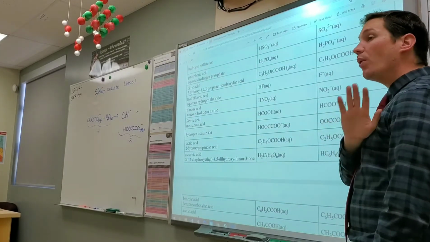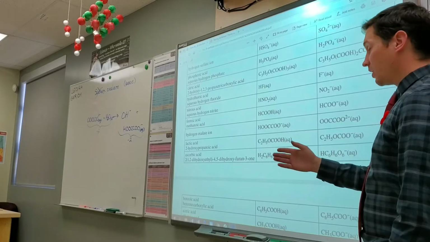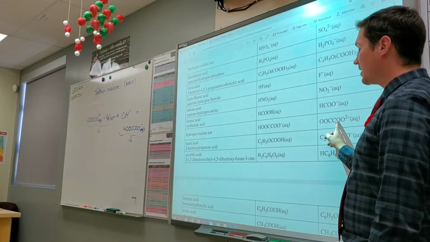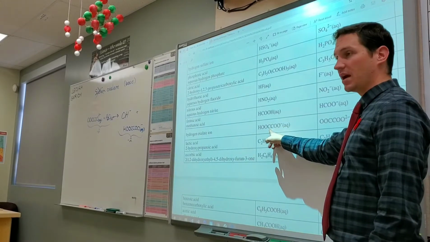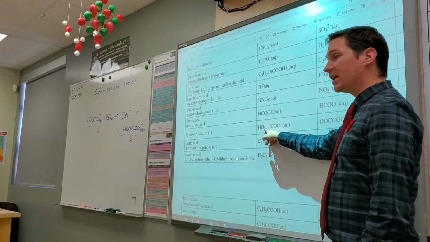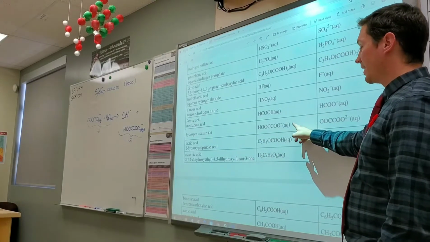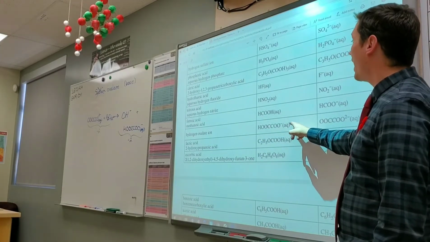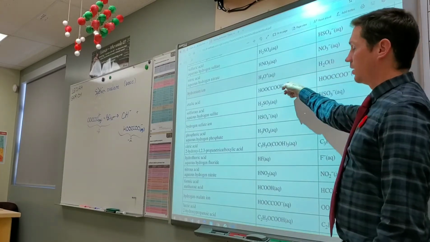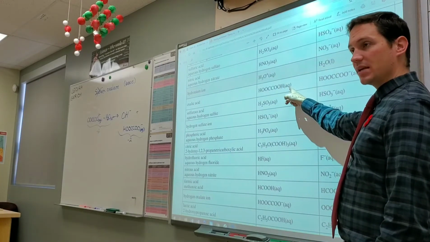Okay, this time we're going backwards. Can OOCCOO minus act as a base and steal somebody's hydrogen? Yes. Then this thing, the hydrogen oxalate, can that act as a base and steal somebody's hydrogen? Yes. Does that make sense?